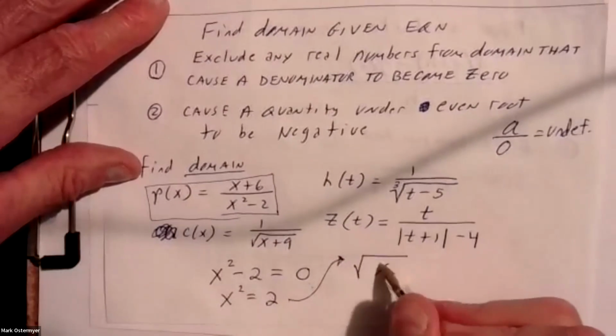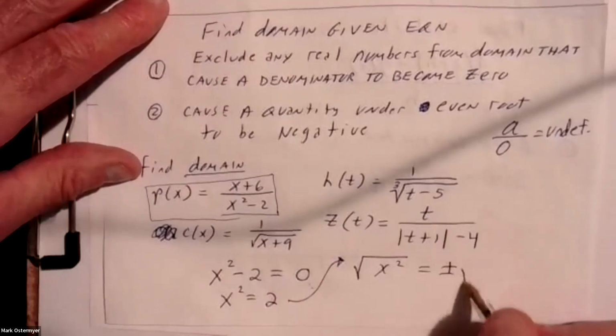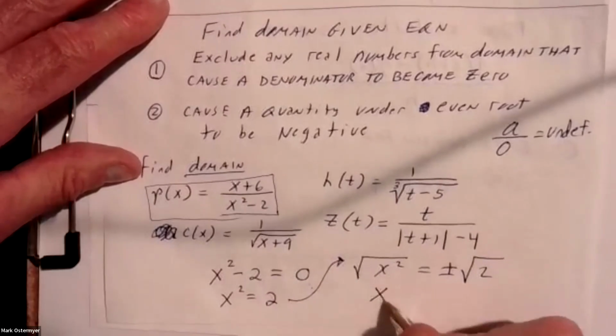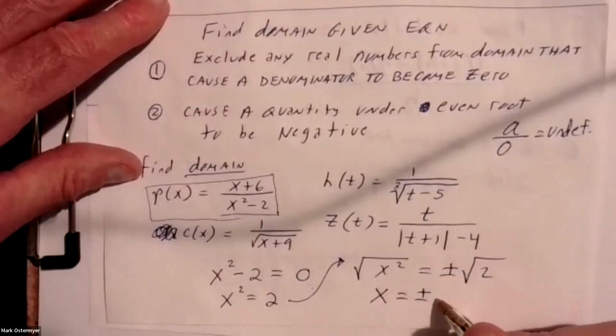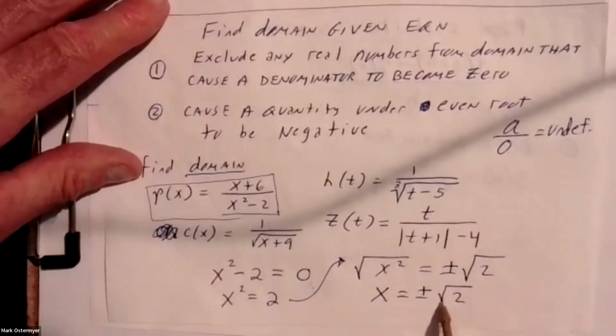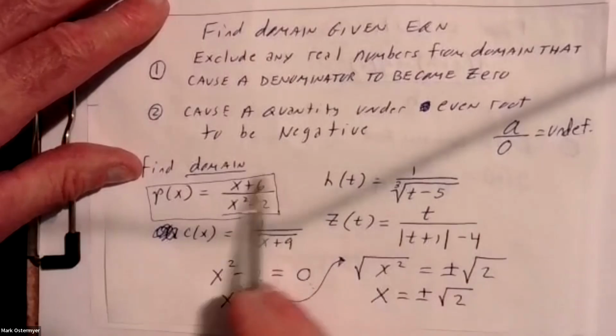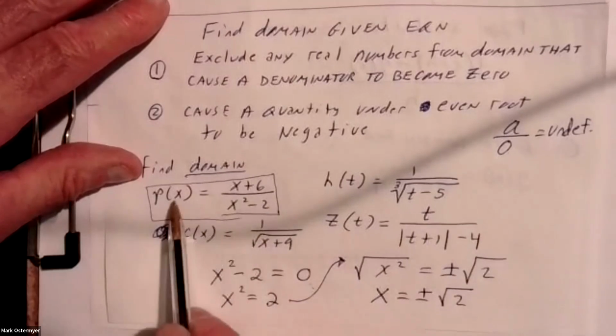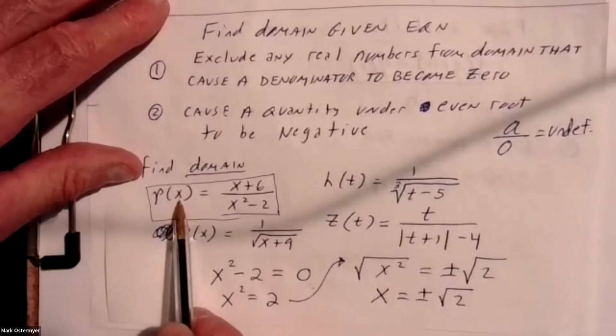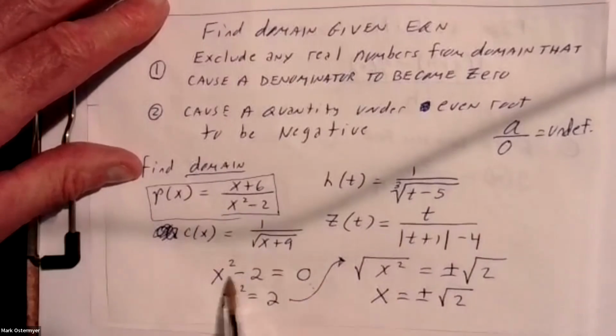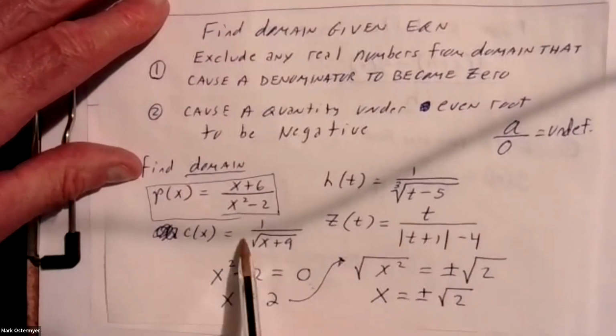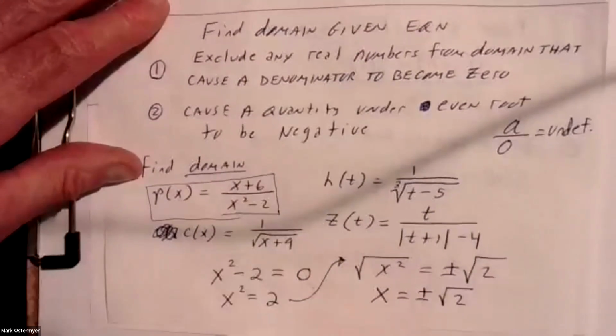So I'm going to take the square root of the left side, take the positive negative square root of the right side. Hence, we see that if x is equal to positive or negative square root of 2, this function gets into trouble. Because if you try to put positive or negative square root of 2 into this function, the denominator would become 0, which means this function would be undefined.